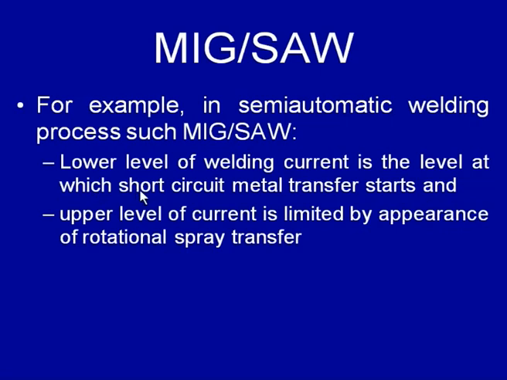So, we want to have the welding current in such a way that the condition at which the short circuiting metal transfer starts is used as the lower level of the welding current, while the upper level is set in such a way that the rotational transfer does not take place.